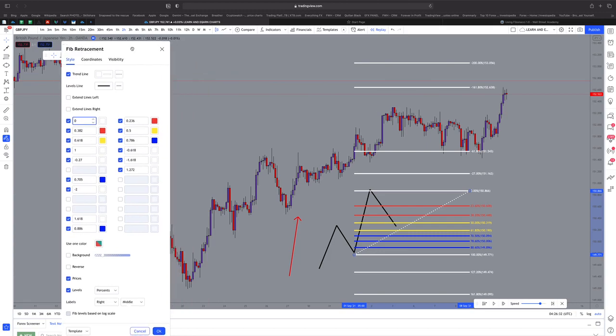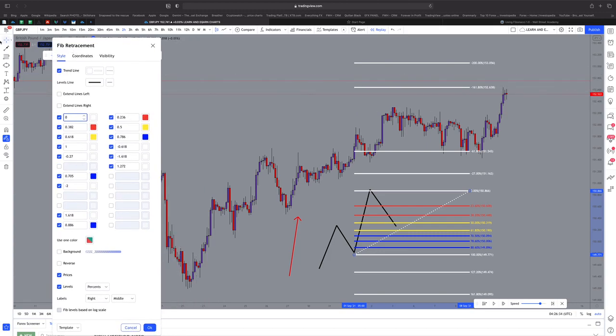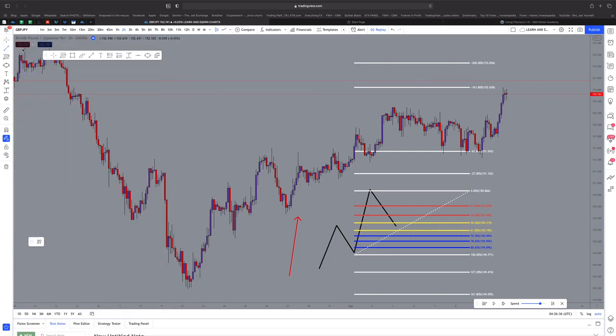In a downtrend, it works similarly. You have your lower low, you have your lower high, and then you have your next lower low. The fib is used at your point A, your 100%, which is going to go at your lower high.